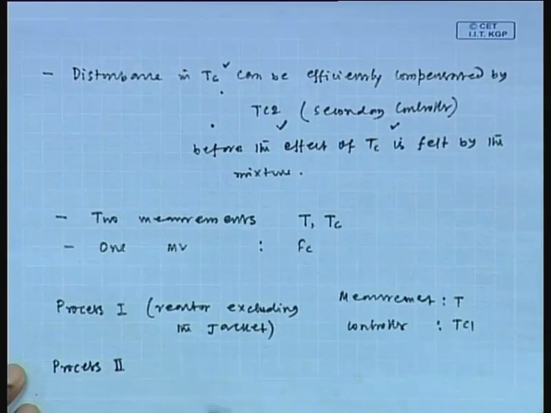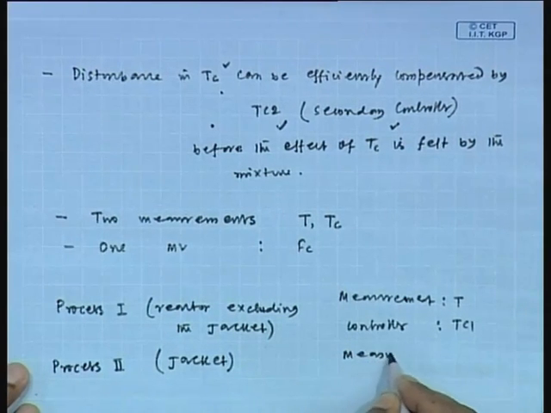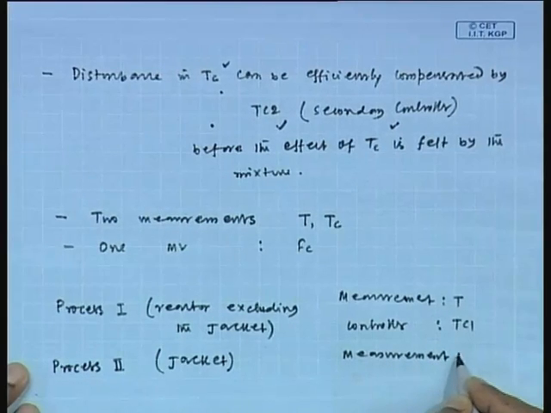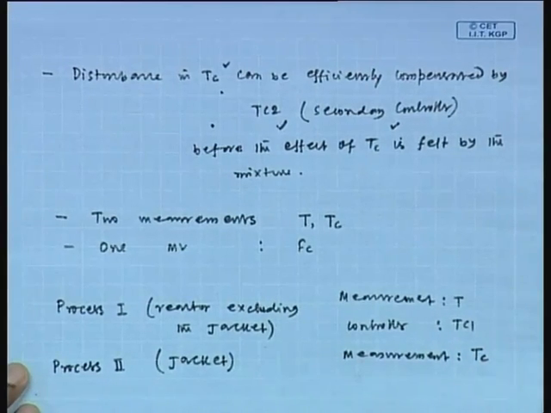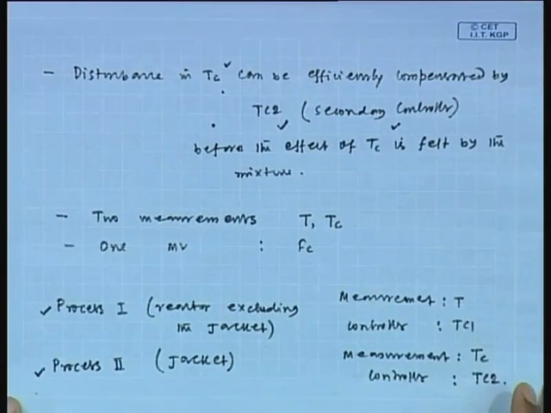Another process is process 2, that is the jacket, and for process 2 the measurement is coolant temperature and controller is TC2. Fine. So, the jacketed CSTR consists of two processes, one is process 1, another one is process 2. Process 1 is the reactor excluding the jacket, and process 2 is the jacket.